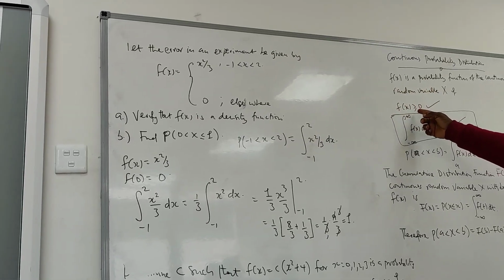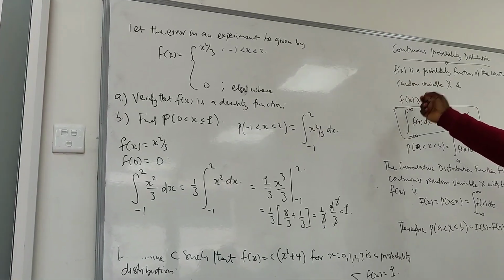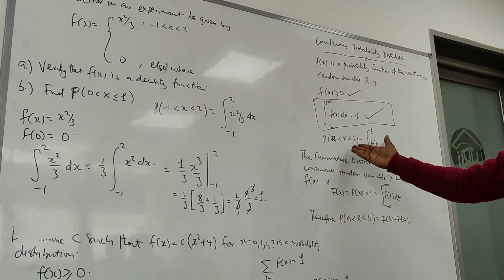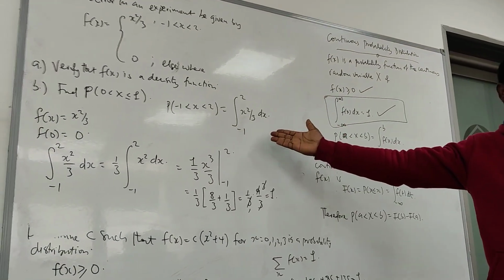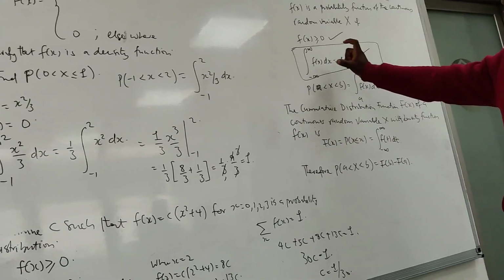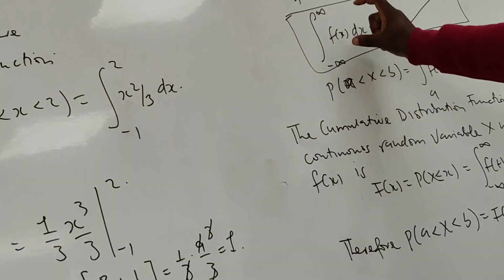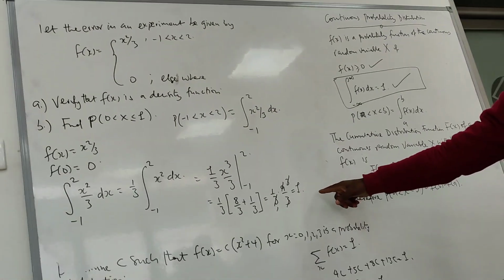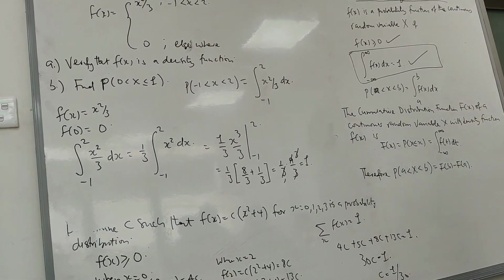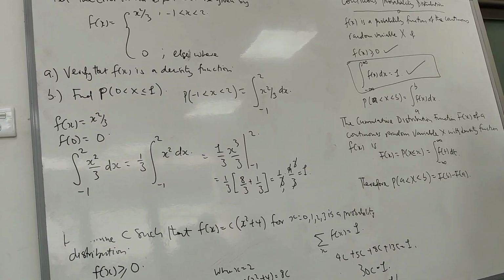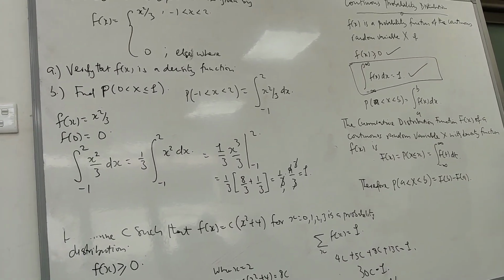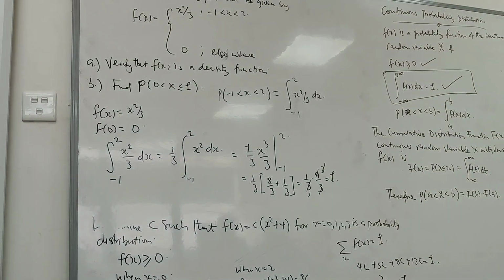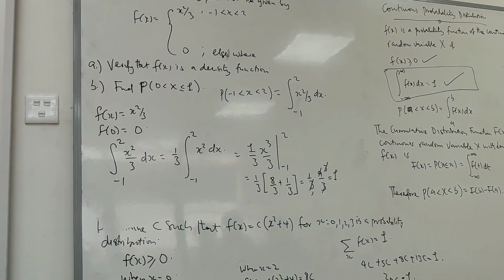That these ones are greater than or equal to 0, and the other one is very obvious. Okay? And this one is just a mere definition, and it is obvious. But if you can take from any interval within minus infinity to infinity, and you can establish it to be 1, like we did in this case, then it's enough for you to conclude that it is a density function. Now, in the exam, you don't leave your solution like this.